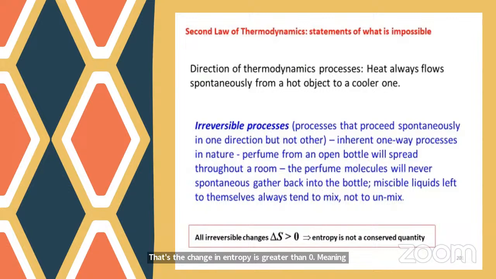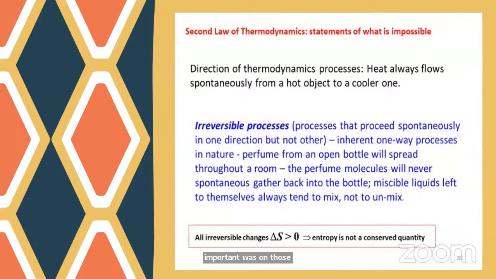Another example we have here is the perfume we use. When you spray the perfume in a room, even if you don't spray it and you just open the bottle, the odor will spread throughout the room.